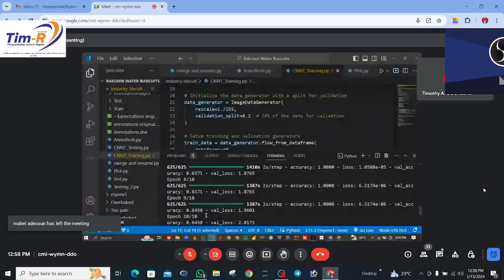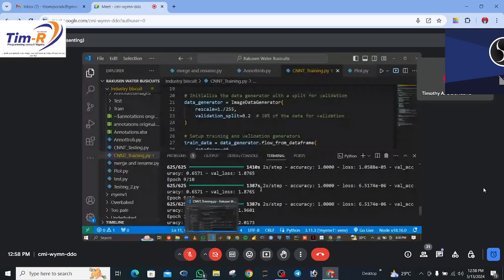It used approximately 5 hours for just 10 epochs. That's due to the architecture of my PC. My PC has 16 gig RAM, 1 terabyte space and a Core i3. You got what I'm trying to say? It used 5 hours just for 10 epochs.